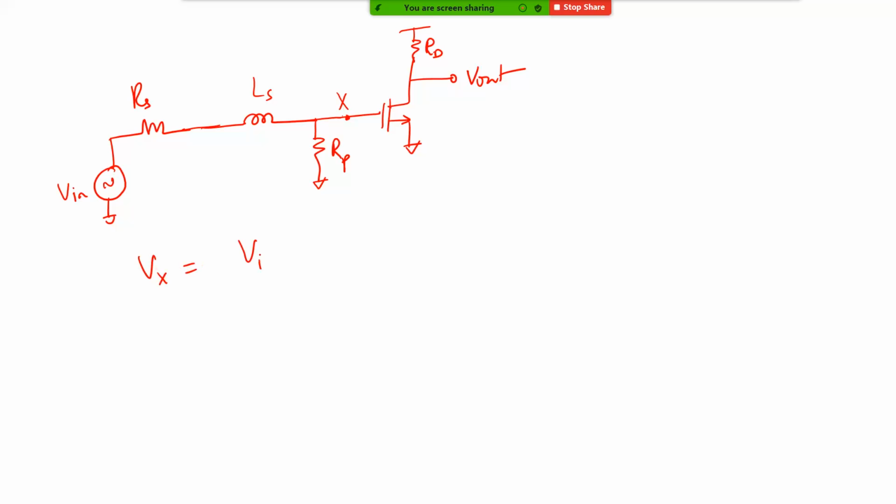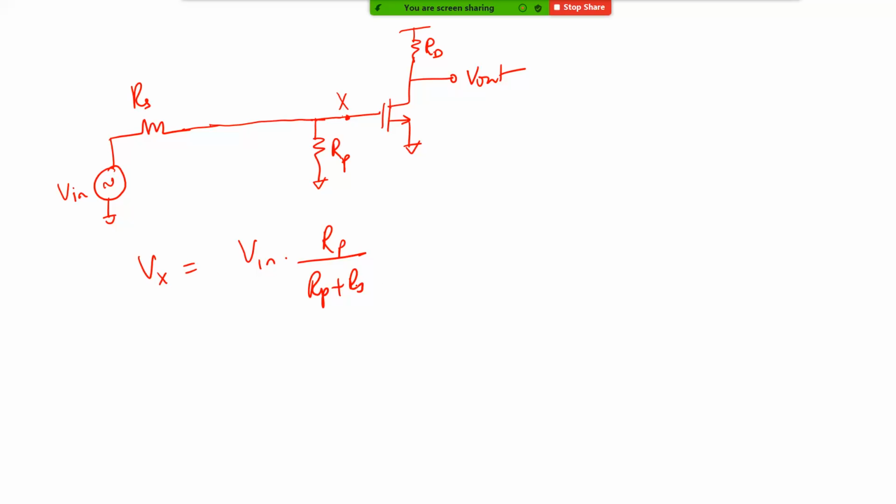We can say V in into Rp divided by Rp plus Rs, assuming that the inductor and the capacitor are tuning out each other. So for all practical purposes, for our analysis, let's just say that we are left with this.